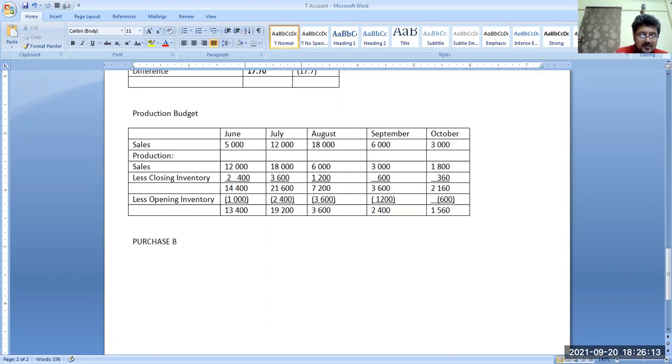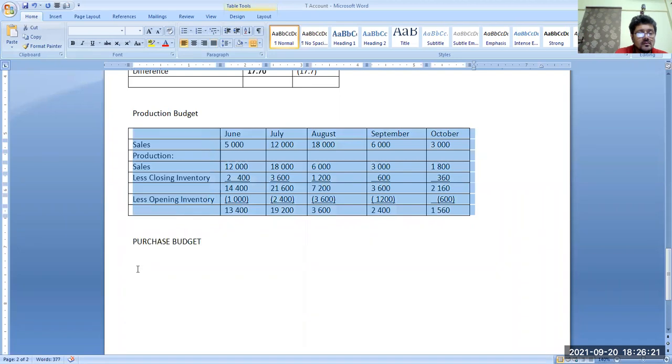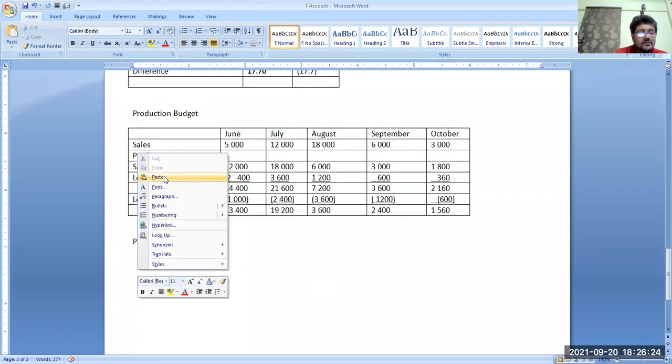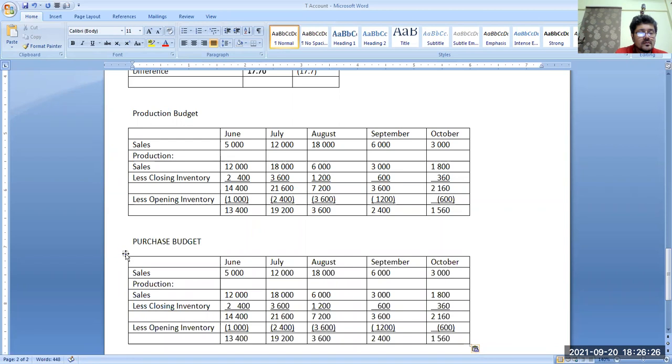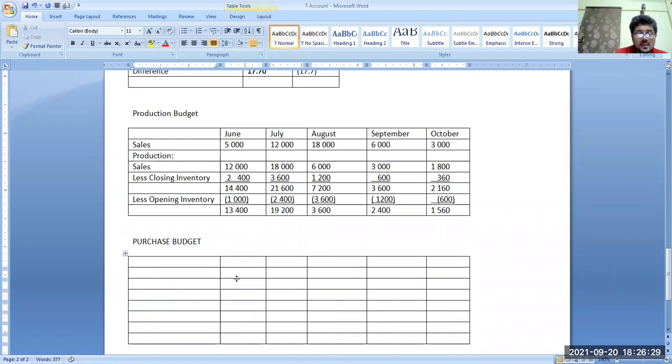Purchase budget for the months of June, July, August, and September. Done.